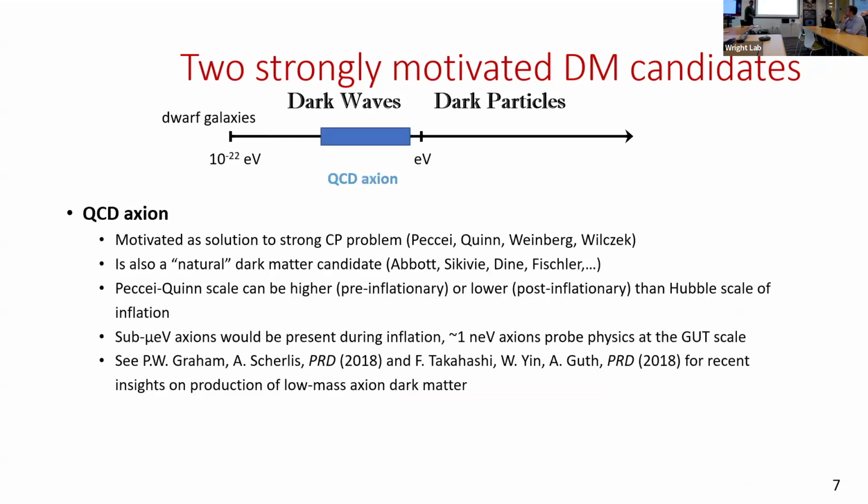On the dark wave side of things, we have the QCD axion. And this also has had a twofold motivation as dark matter. It was initially proposed in the late 1970s as a solution to the strong CP problem.